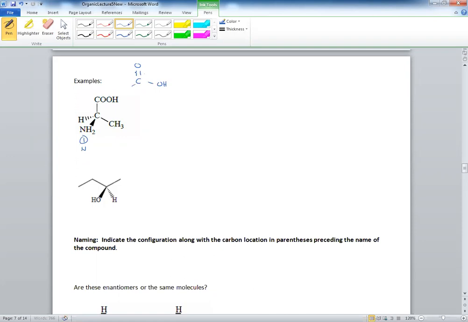Remember the double bond counts twice. And of course this one is just 3 H's. So that would be 2, and that would be 3. And of course H is in the back. H will always be 4 if you have it in the molecule. So it goes from 1 to 2 to 3. What is that? That's an R configuration.